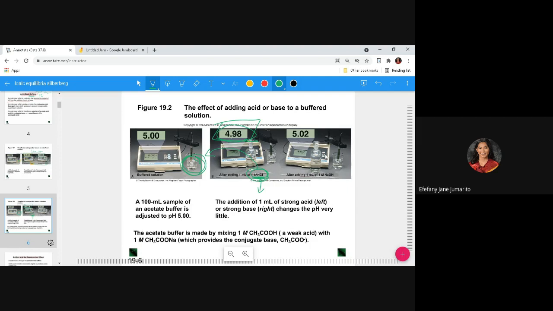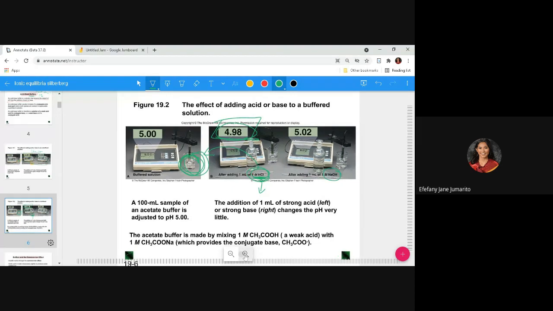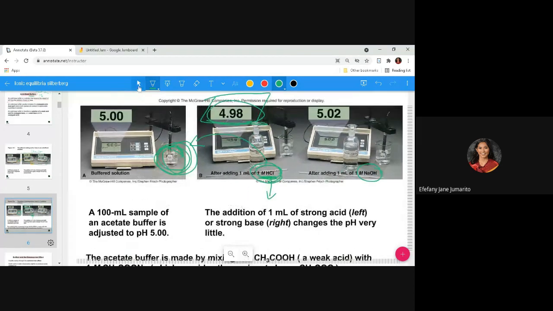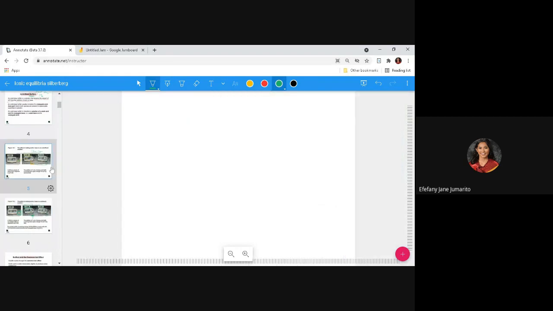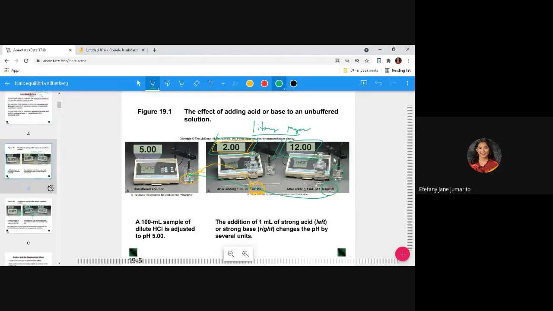Okay. Now, what if in your buffered solution, we add NaOH? What happened to the pH? The pH increases. However, it's just very slight compared to this one, 12.0.